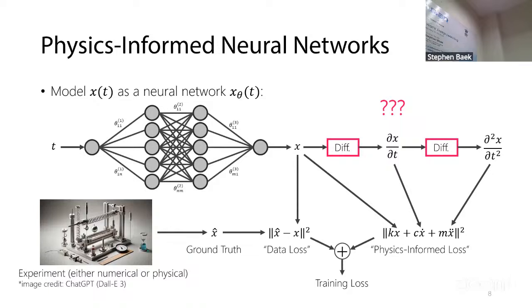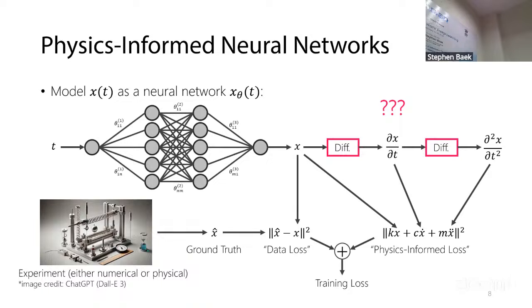Now, for many of the governing equations that govern physics, so not necessarily just the spring-damper system, but also many other physical systems, will involve some kind of a derivative, right? Which is why they're called differential equations in the first place.